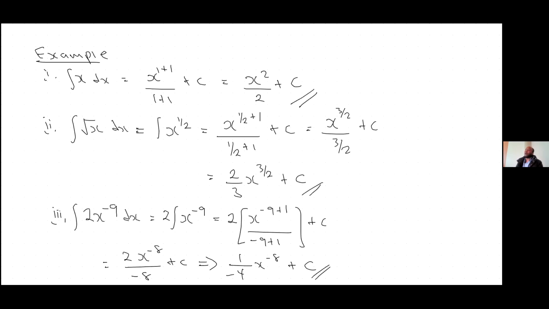We can now decide to solve some new questions here. Maybe you can try this, and put the answer in the comment section. Let's say you're integrating 6x to the power minus 2 dx. What will be the answer for that? Number 2, we're integrating 7 over the square root of x with respect to x.